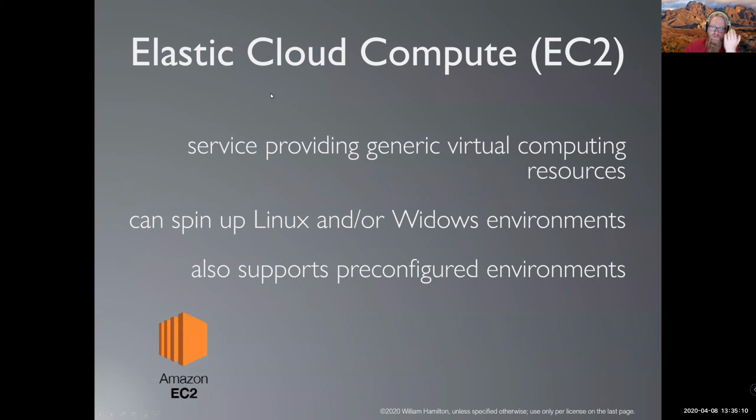The first service we're going to talk about is called Elastic Cloud Compute, or colloquially known as EC2. Generally, this is the service that AWS provides that allows you to provision a generic virtual computing resource. Basically, you can just get a virtual computer that you can log into. You can run programs on it. You can host node applications.